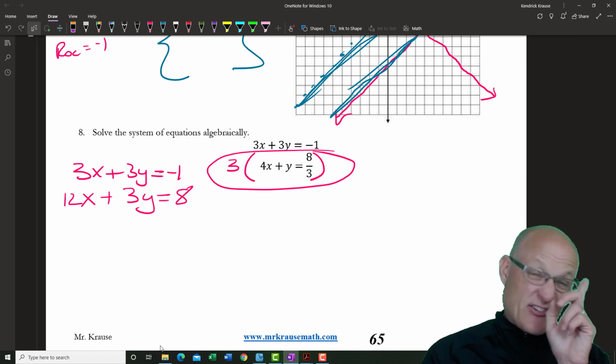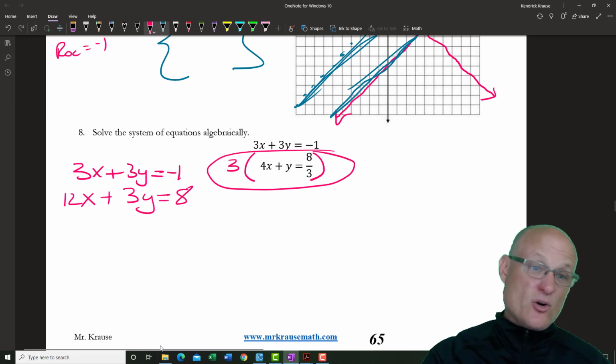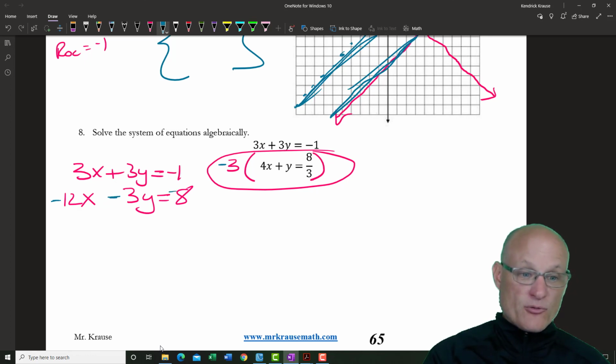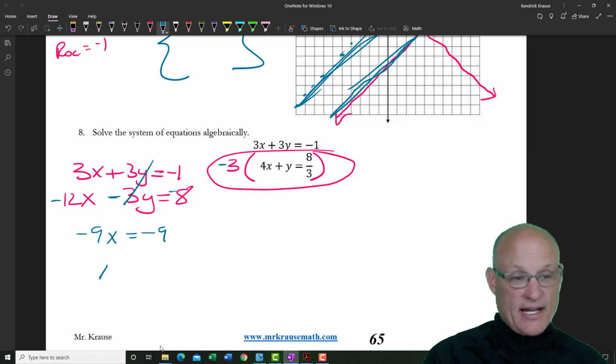Now, had I been smart, I would have said, oh, hey, multiply through by -3, because then this would be negative. And then, of course, this would be negative. So then these go. So I end up with -9x equals -9. Divide by -9, I get x equals 1.